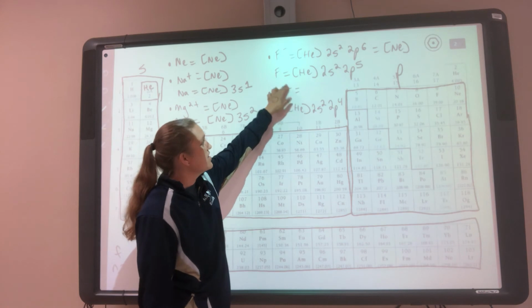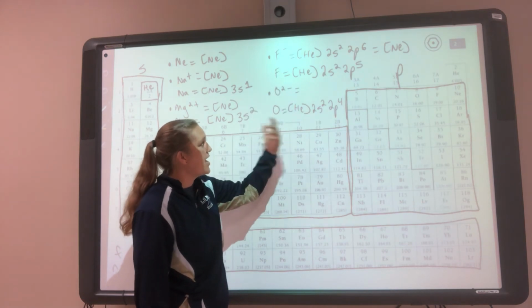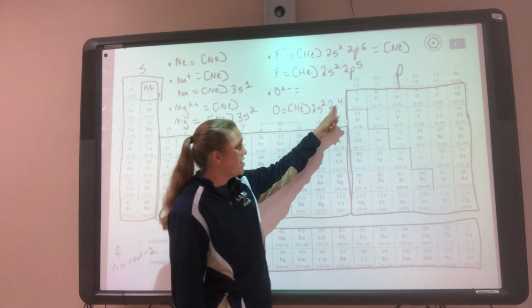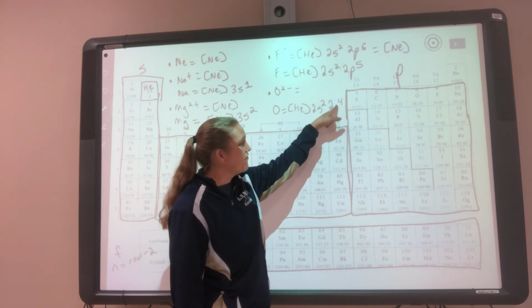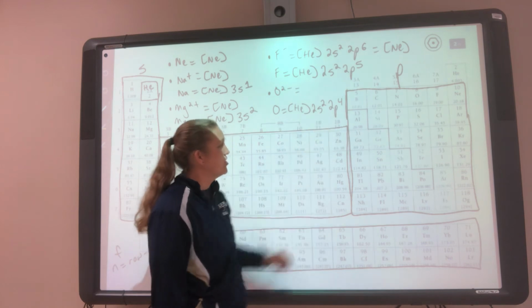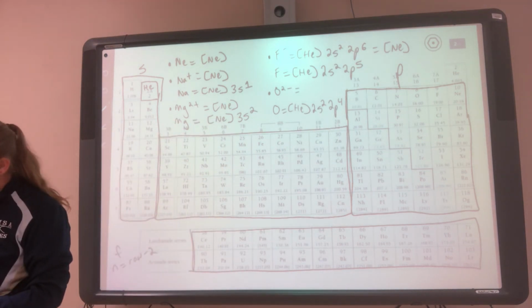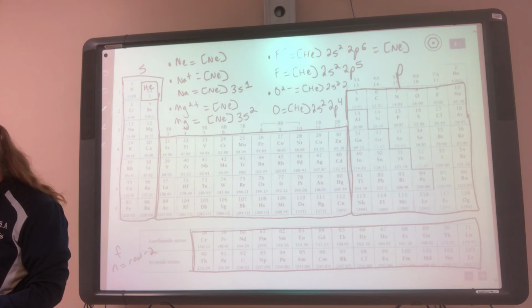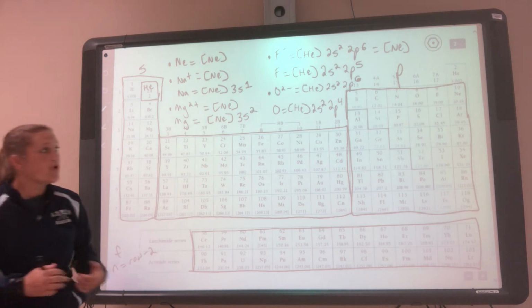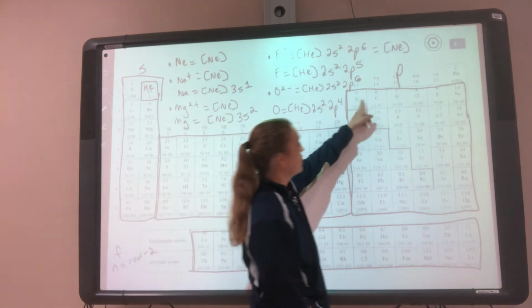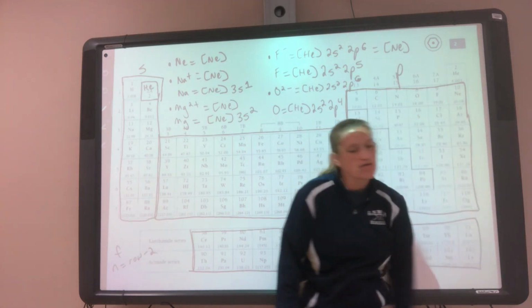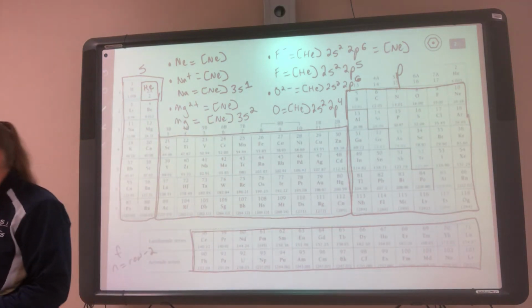If I want the -2 anion, I'm going to add 2 electrons. The last one I wrote was my p. He can have up to 6. I have only 4, so I can put these 2 extra in there. I go ahead and do that. I get helium 2s2 2p6. And remember, we can rewrite that. If it's helium 2s2 2p6, 1, 2, 3, 4, 5, 6, it's the same thing as neon.